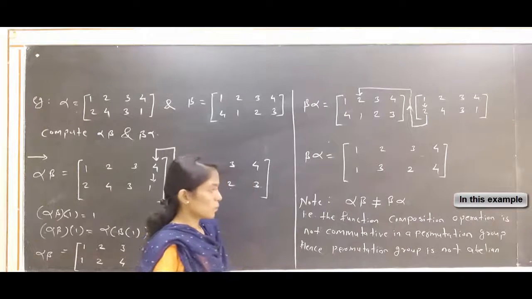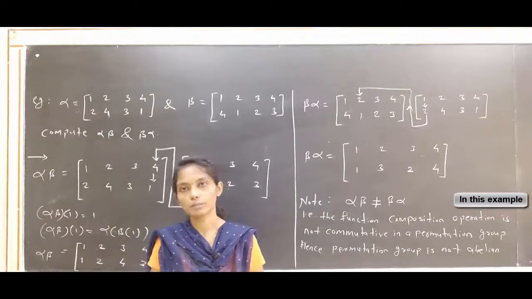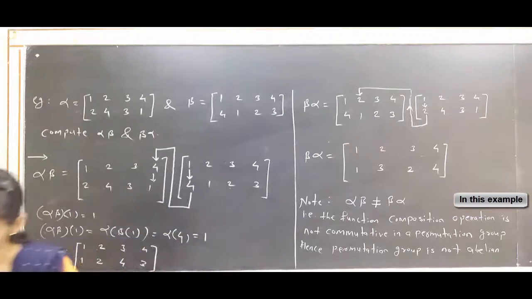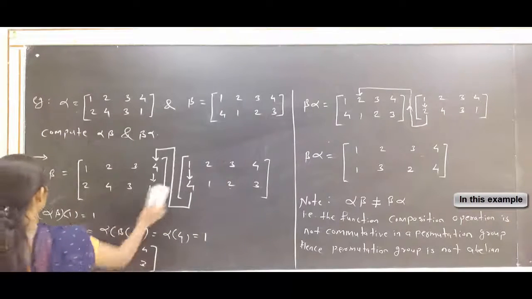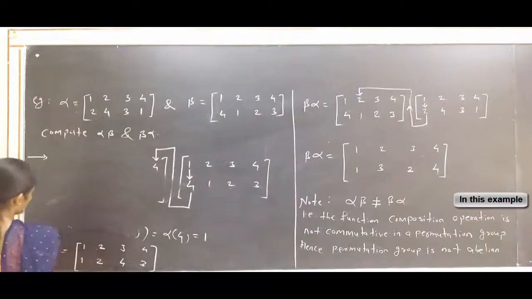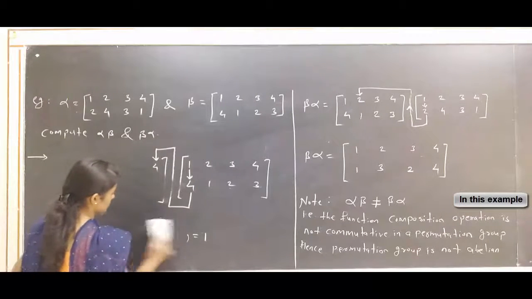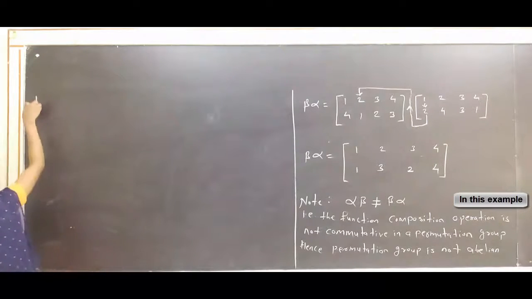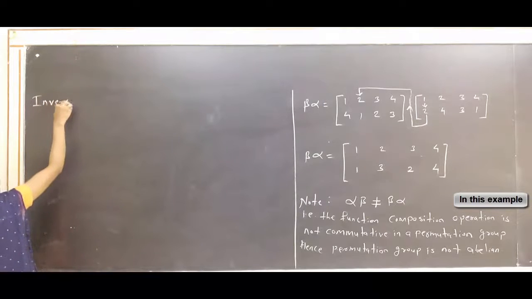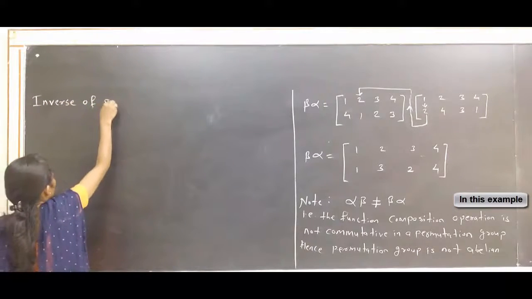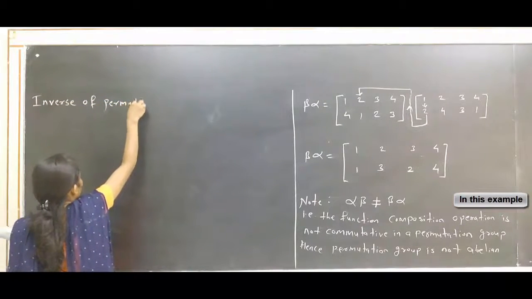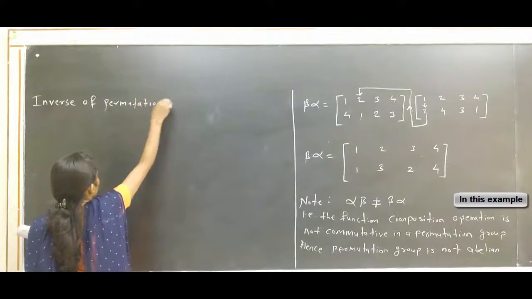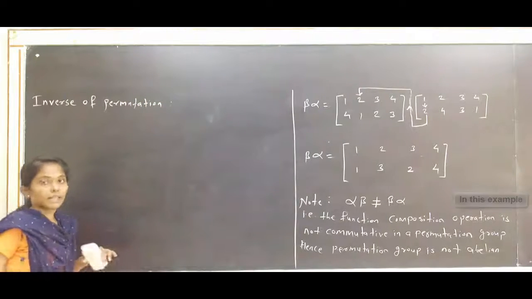Now next point, inverse of permutation. So here we take a direct example.